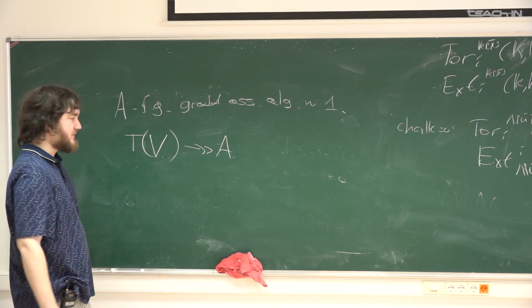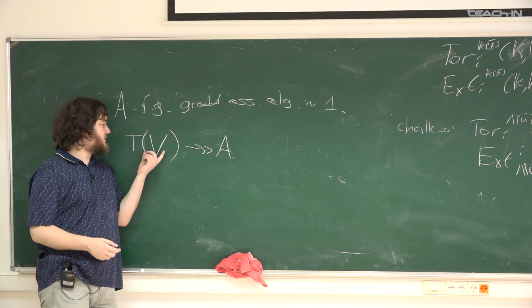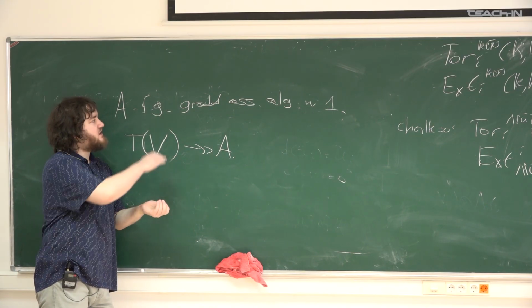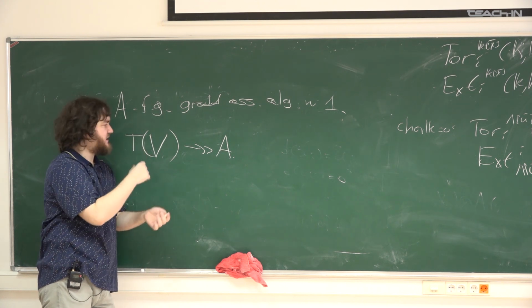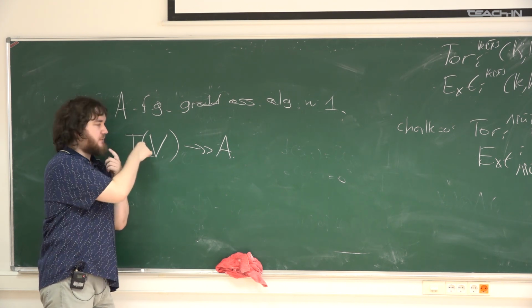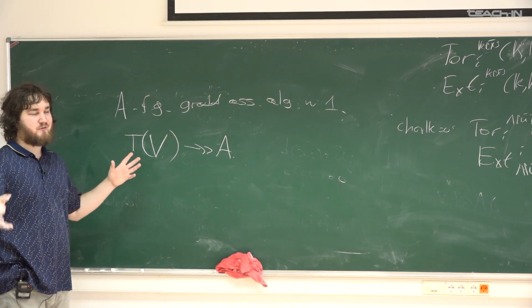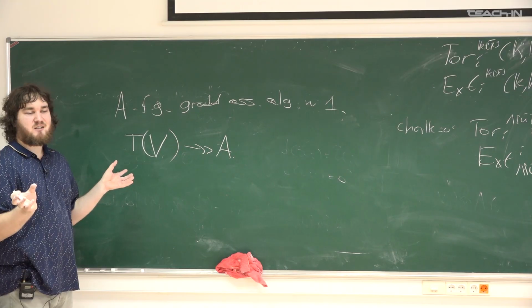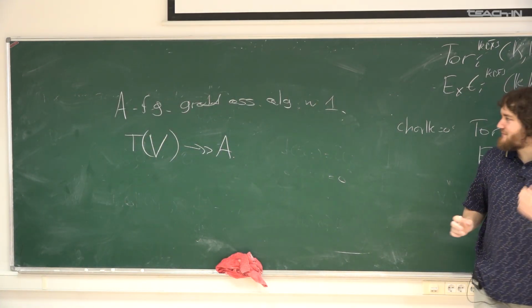If you don't like graded, you can assume that A is generated by elements of the same degree, so it's not a graded vector space. You have the tensor product, the free associative algebra: I have the associative property, but no commutativity.